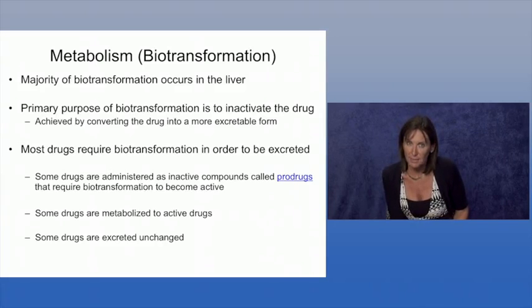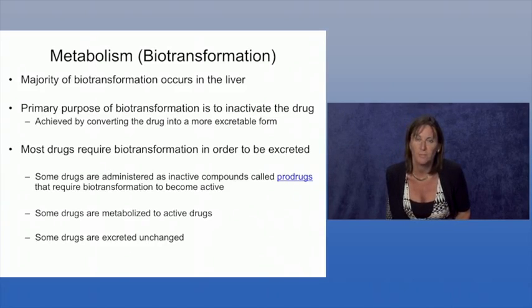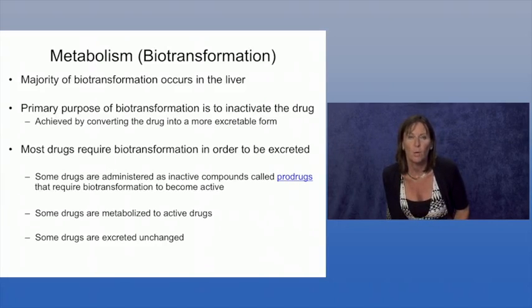We appreciate that metabolism can essentially occur anywhere in the body, but we also understand that the vast majority of biotransformation occurs in the liver, being one of the most critical organs in the body for this and many other reasons. What's the purpose of biotransformation?